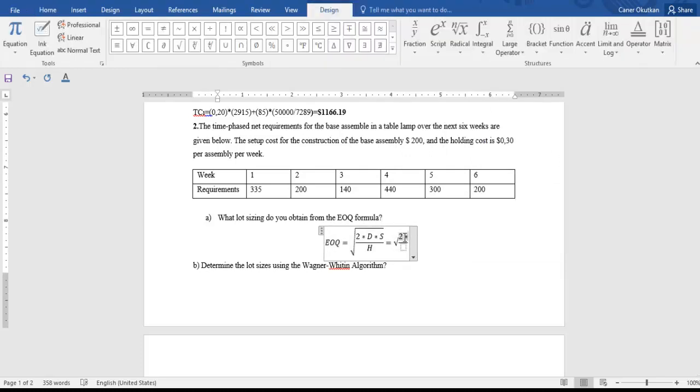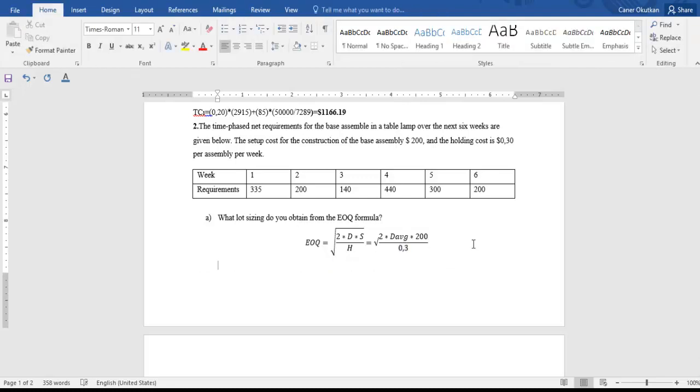multiplied by demand. In this question, for demand we have to find the average demand. We don't know average demand, we calculate. And setup cost, we know setup cost 200, and we know holding cost 0.3. So before we calculate this formula, we have to find average demand.